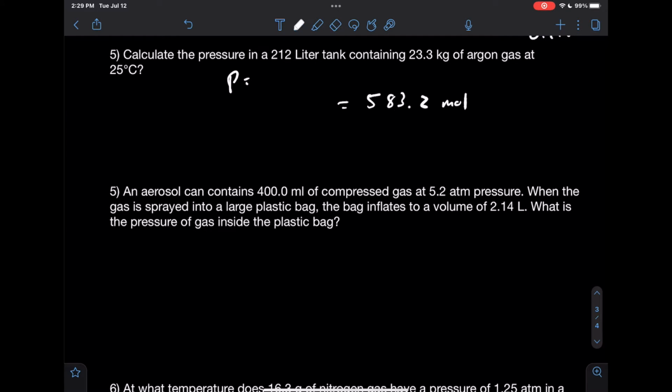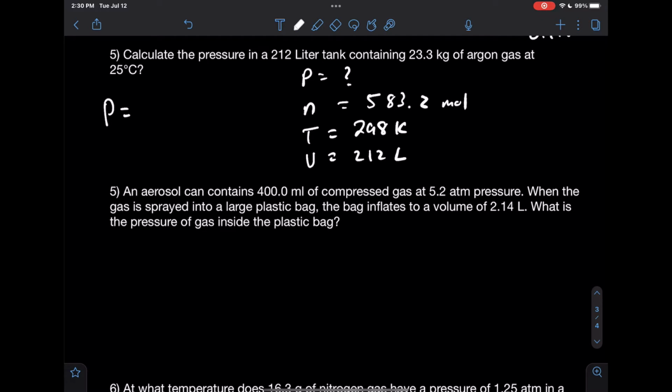We know n is equal to that. Pressure, we don't know. T is going to equal 25 plus 273, which is 298 Kelvin. And V is equal to 212 liters. We plug this into our equation.